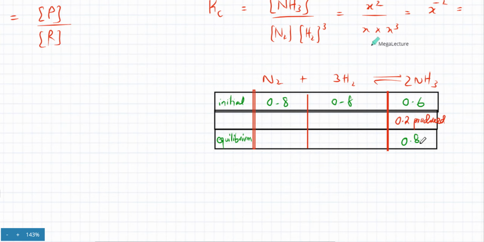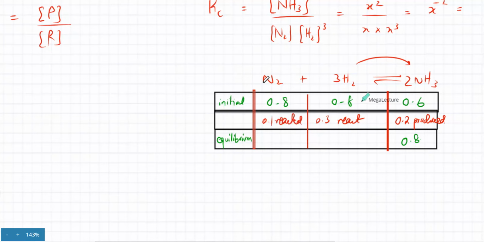To produce 0.2 moles extra, you need to react 0.3 moles of H2, because if 2 moles of NH3 are produced, 3 moles of H2 react. Similarly, if 2 moles are getting produced, 1 mole of N2 is getting reacted. So for 0.2 moles produced, according to the ratio, 0.1 moles of N2 must have reacted.